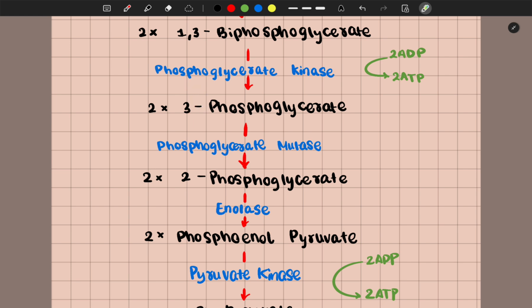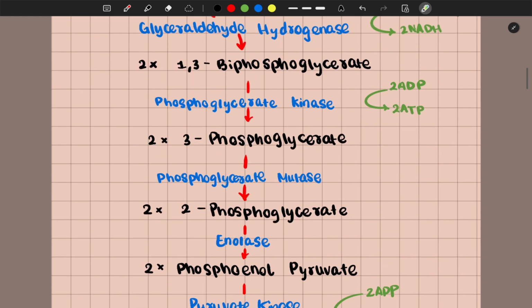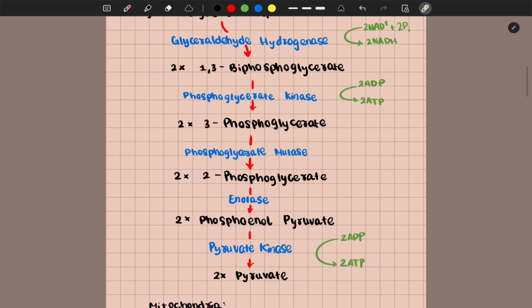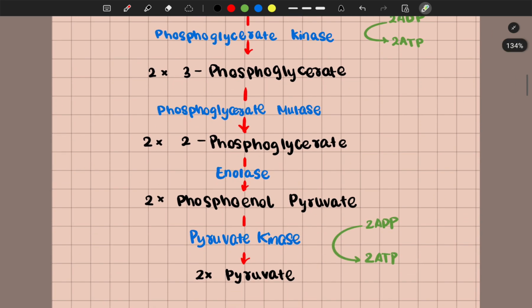Now we go through another mutase change. So we go from 3 phosphoglycerate to 2 phosphoglycerate. So now the phosphate group is at the second carbon. Remember, from the fifth step onwards, all our products are twice because these are all 3 carbon molecules as compared to the 6 carbon molecules that we began with.